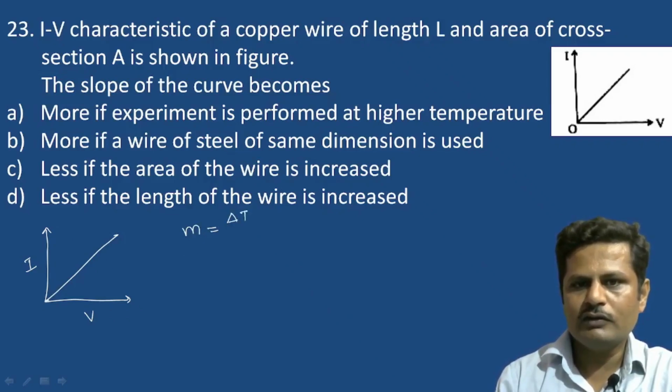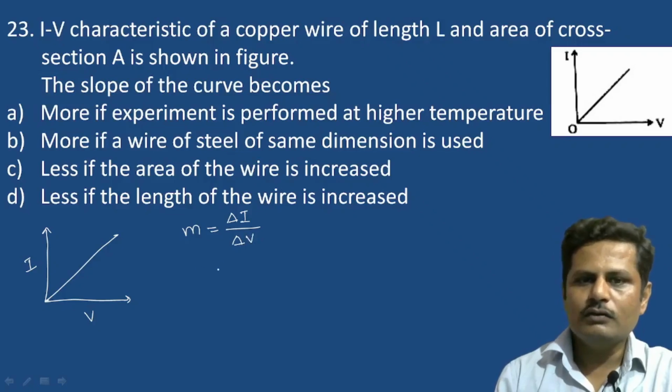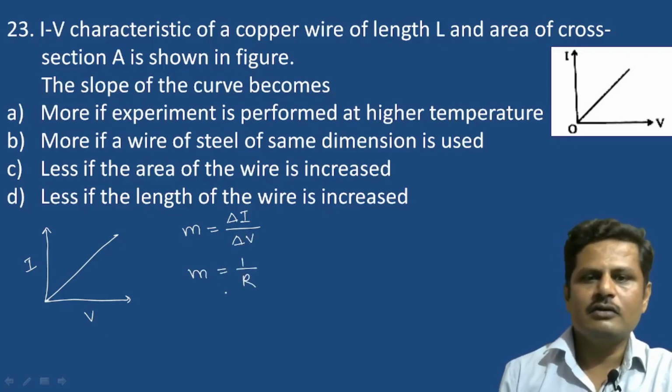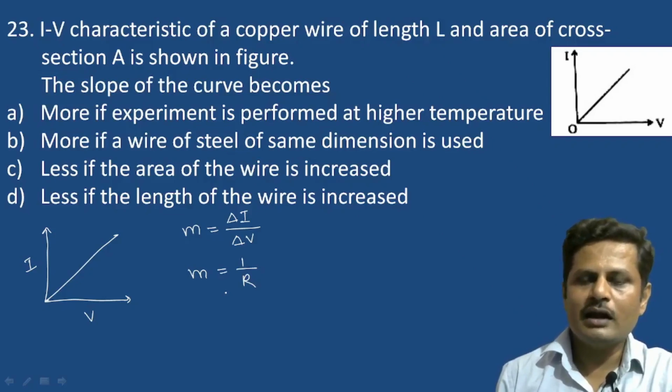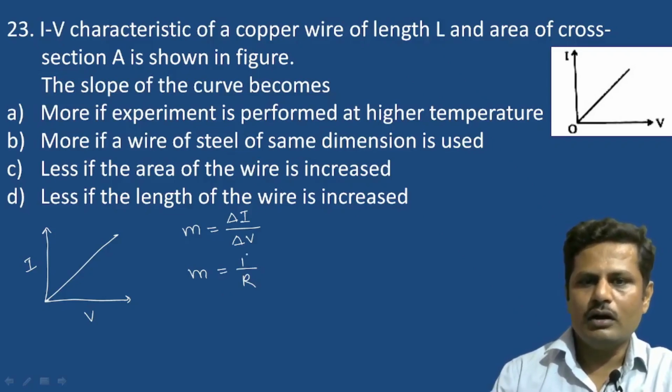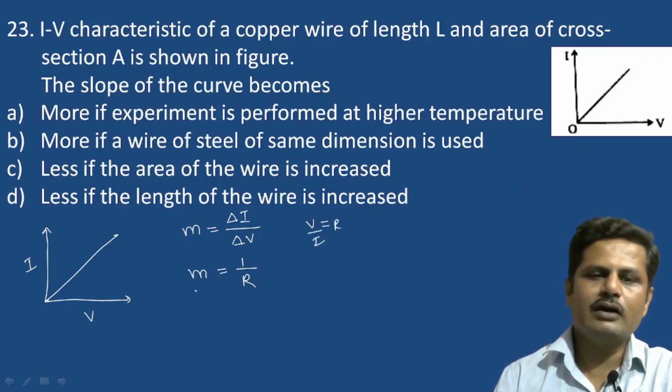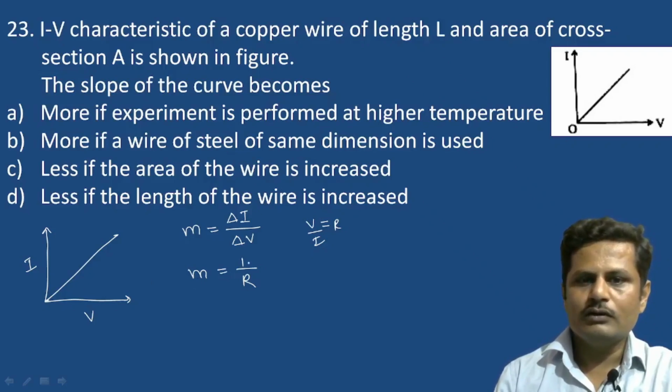Current, so therefore the change in the current divided by the change along the x axis, that is change in voltage. So this gives us the reciprocal of the resistance. We know that I divided by V is nothing but the reciprocal of the resistance, isn't it? Because V by I is equal to R. But here we have taken I divided by V, so therefore 1 divided by R. So the slope of this graph is equal to 1 by R.